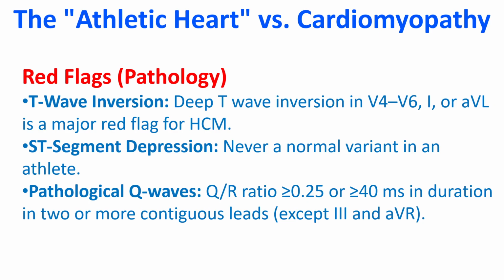Pathological Q waves have a Q to R ratio of at least 0.25, that is more than 1/4 of the ensuing R wave, or a duration of at least 40 milliseconds, that is 1 division, in 2 or more contiguous leads, except lead 3 and aVR, where there could be normal Q waves.